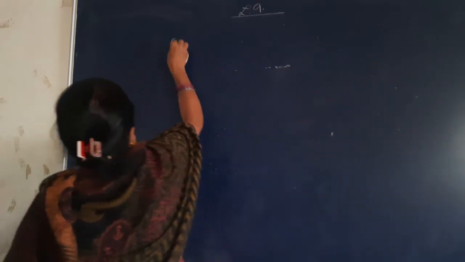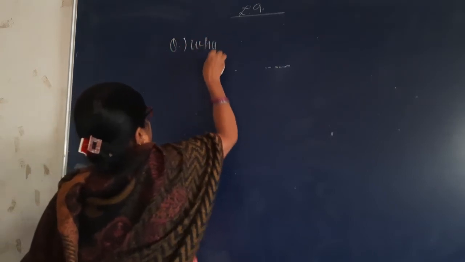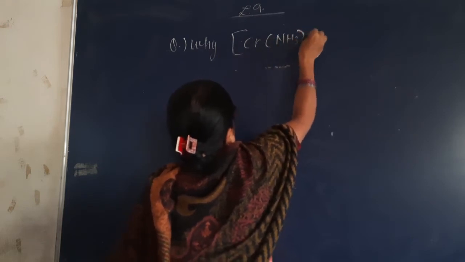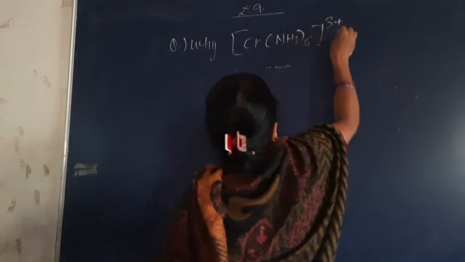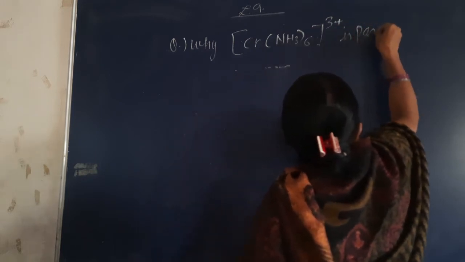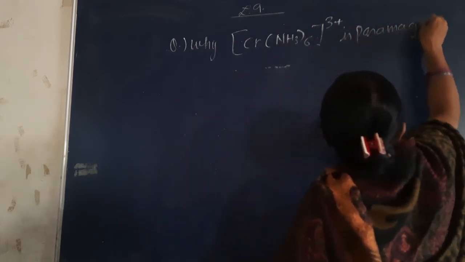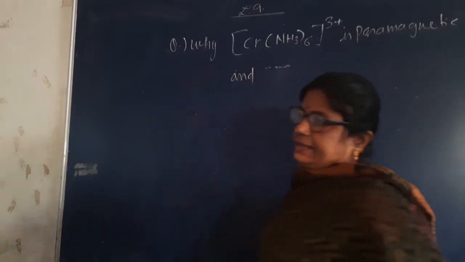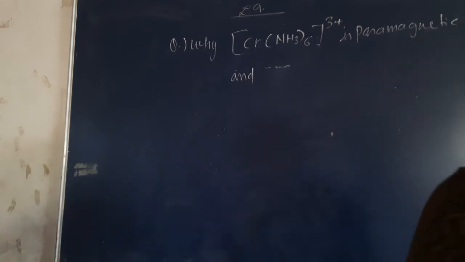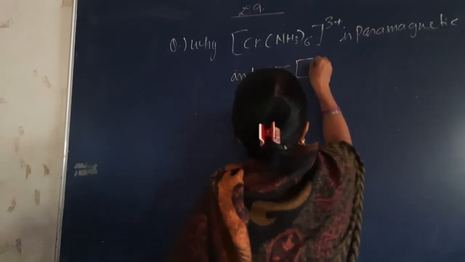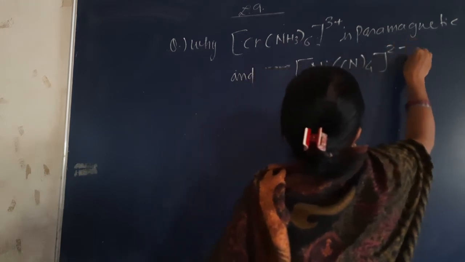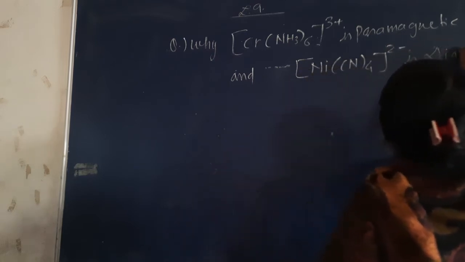Why is [Cr(NH3)6]3+ paramagnetic and [Ni(CN)4]2- diamagnetic?